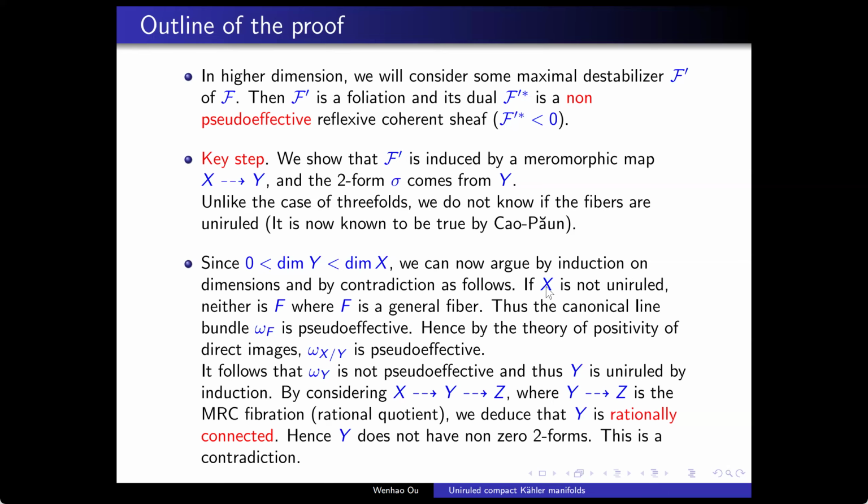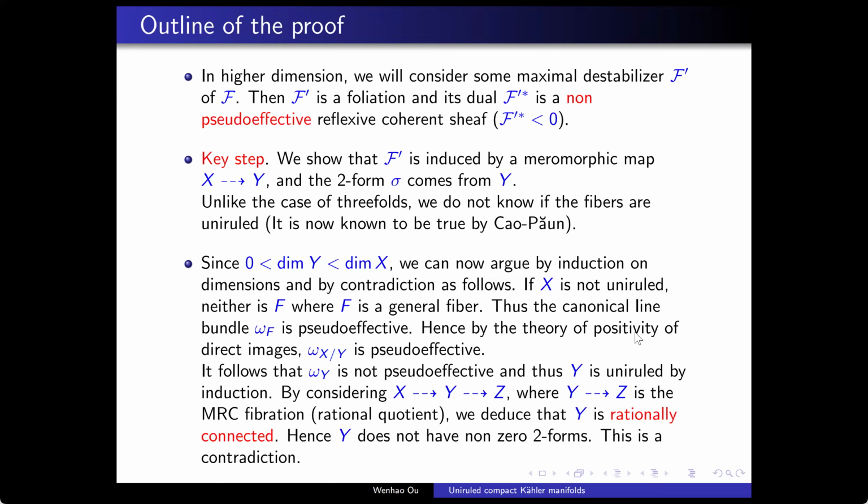If X is not uniruled, then the general fiber of this morphism is not uniruled either. Otherwise, they will deform into a covering family of rational curves. So by induction, because the dimension of F is between the dimension of X and 0, omega F must be pseudo-effective.